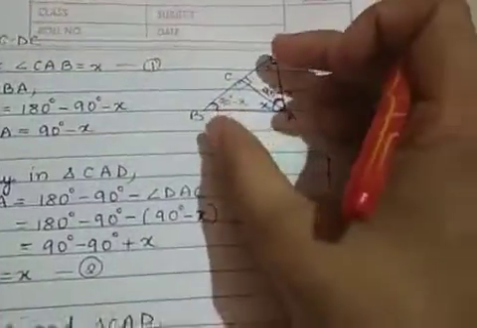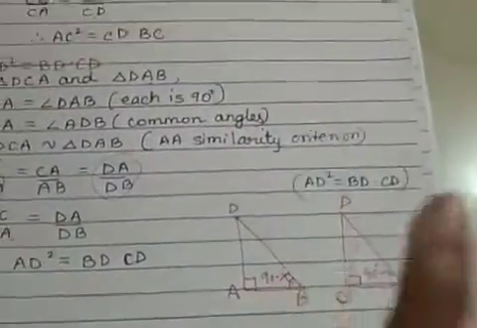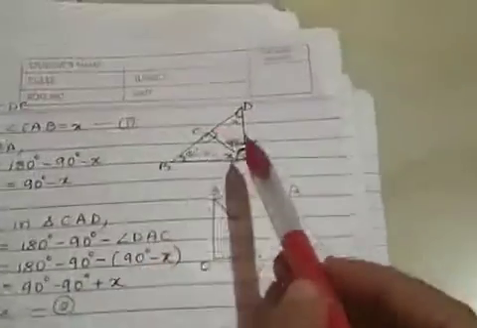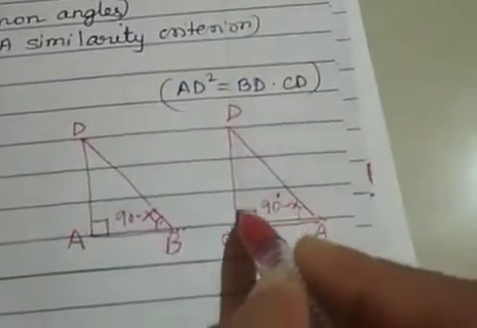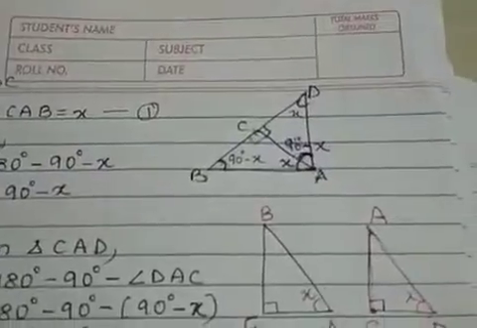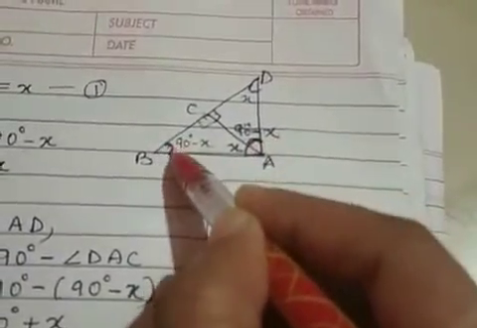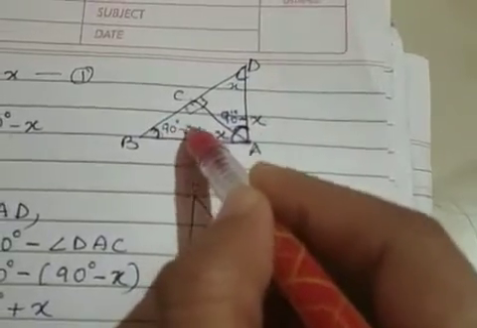So first you fix one triangle. Once you fix one triangle, mark the 90 degrees of this triangle and then you check the 90 degrees or right angle of the other triangle. So once you know where the right angle is of the other triangle, you mark the right angle of the other triangle. Then you check both the triangles and see which angles are equal. So in this case, we saw that this angle is equal to this angle because both are 90 minus x.